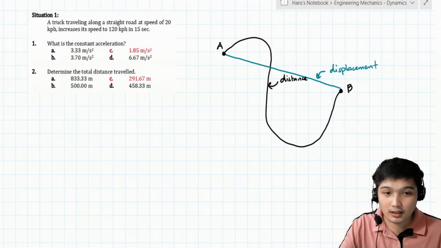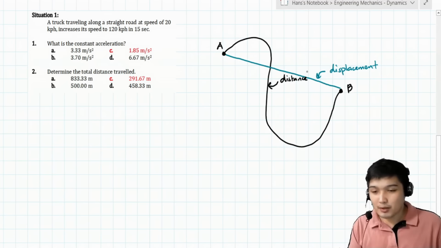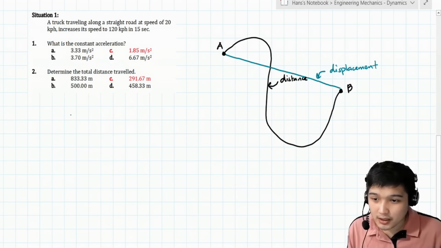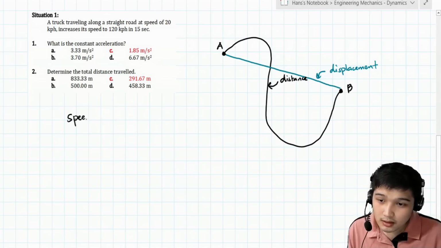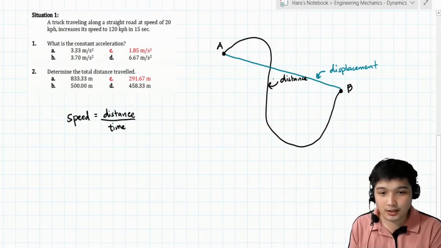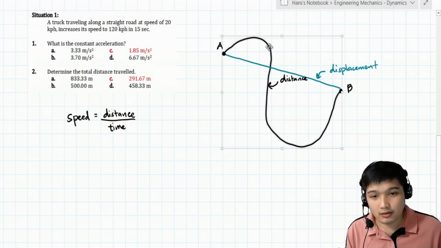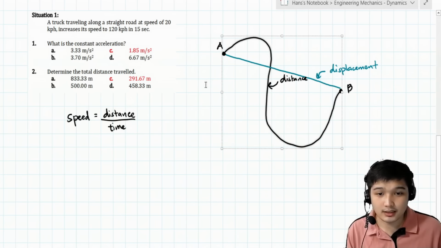Okay, so sabi ko nga magkaiba yung speed saka yung velocity. Pag sinabi nating speed, ito yung distance over time. So in general discussion, kung ito yung dinaanan niya, ito yung kukunin nating value ng distance na ilalagay sa taas.